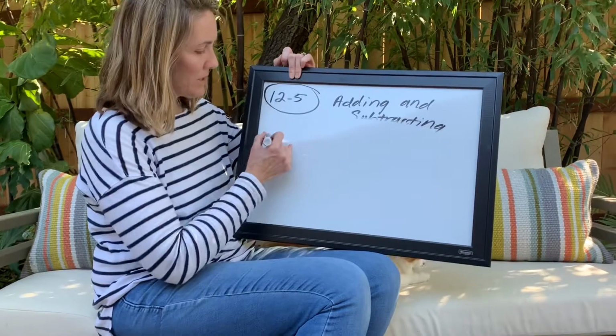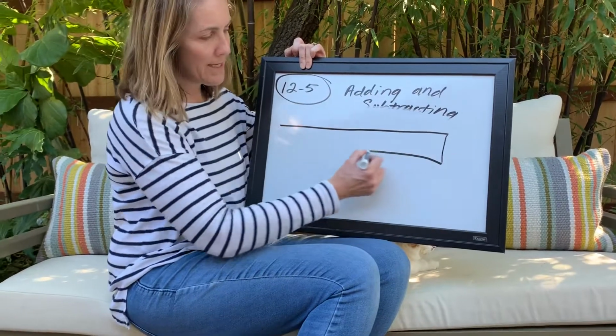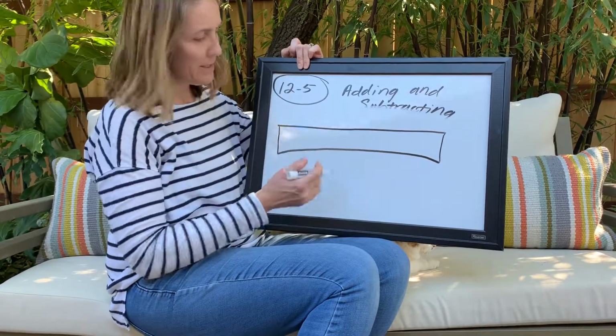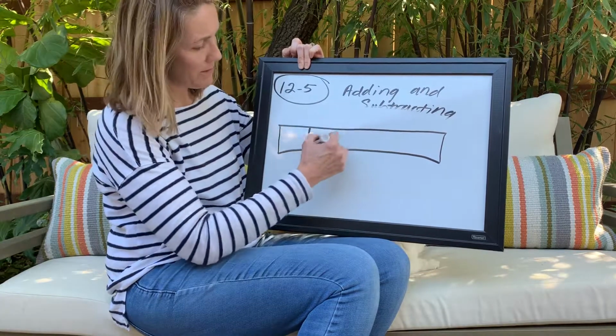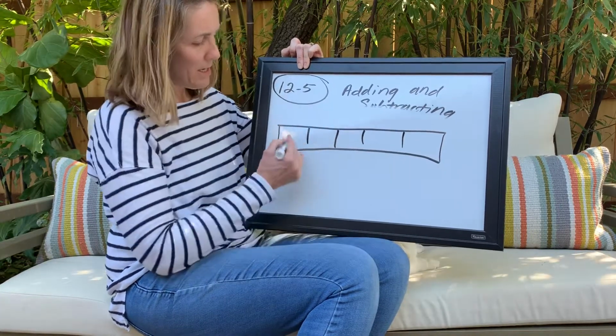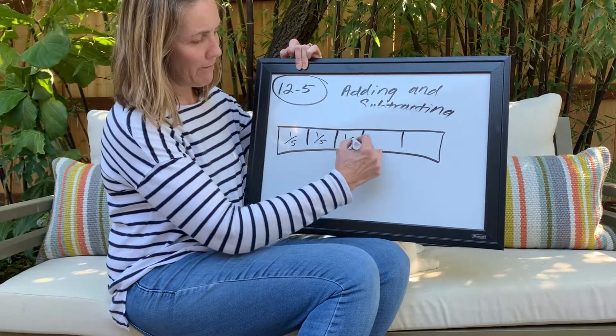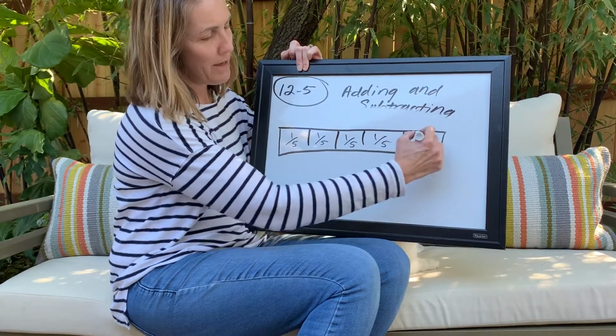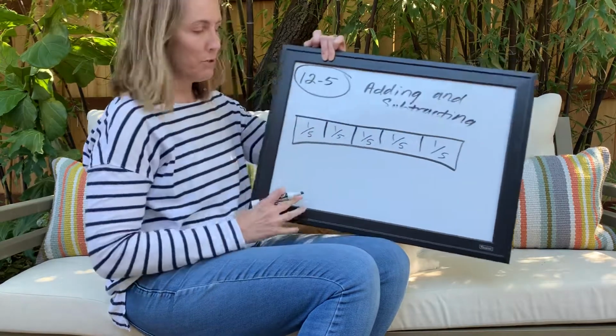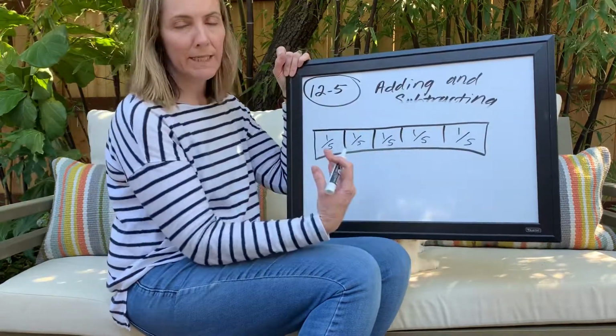So yesterday, just a quick review, we did our boxes. We did our fraction strips, and I'm just going to break this up into 5 real quick. So we've got a very basic 5 bar here, and I'm going to be giving you an expression that we could show what we did yesterday on it.